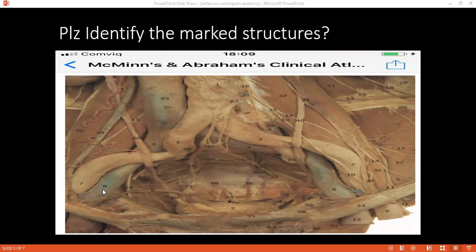Okay. And at what level does the inferior vena cava traverse and enter the thorax? L5. I say again, please. At what level does the inferior vena cava enter the thorax?